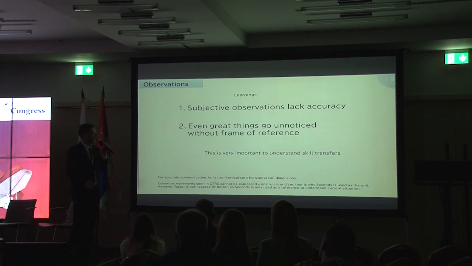And another thing is, a point of reference is very important. So you don't get that if you just observe an action once with a stopwatch. And also the point of reference is very important for teaching skills, teaching techniques and skills. So just a couple of learnings from what we can do with KTS that we developed with Kaizen Institute.